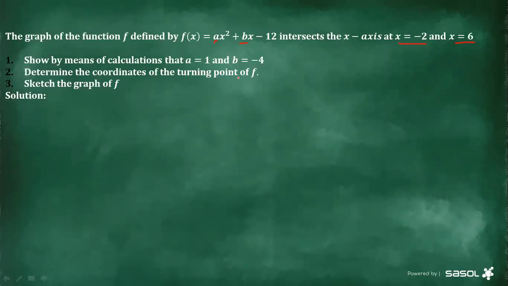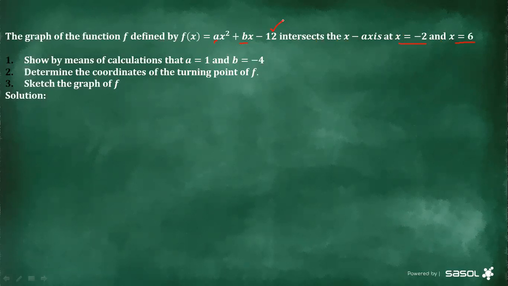So since we don't have an equation, we will have only the x-intercepts, because we are told that this graph cuts the x-axis at −2 and +6. So we have only the x-intercepts, right? And then you can see the last value there is our y-intercept.